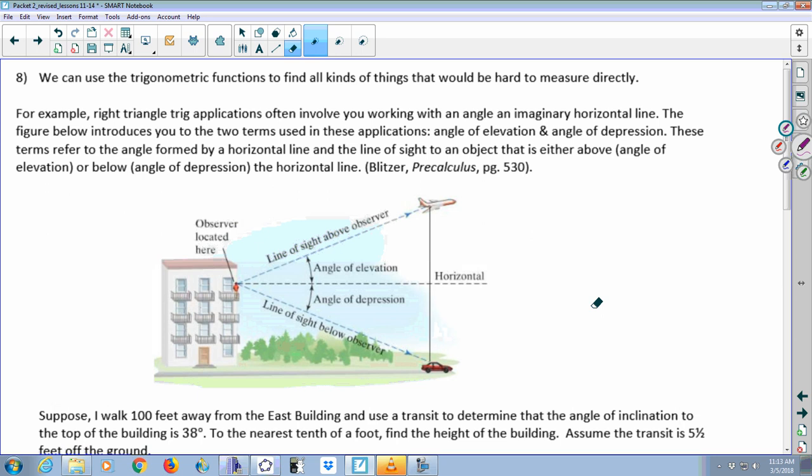Horizontal line and a line of sight to an object that is either above angle of elevation, angle of depression, or horizontal line. Right. Okay.